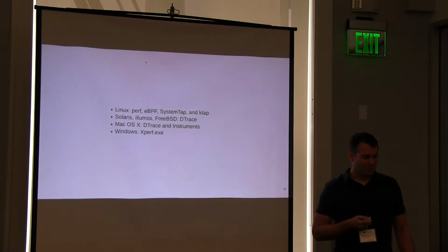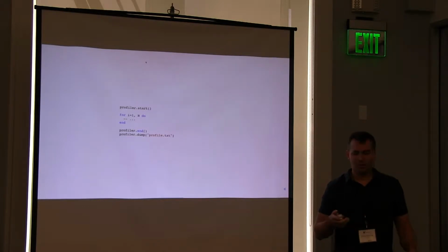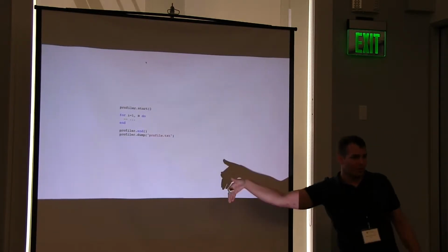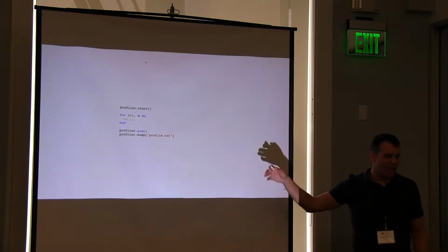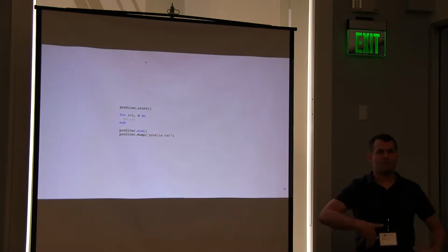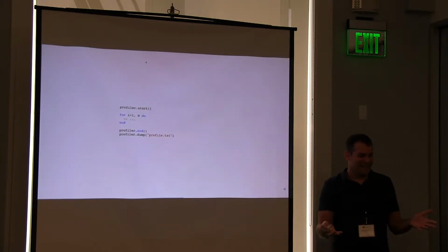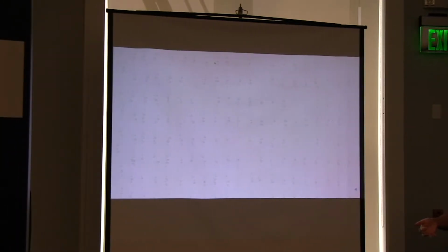And the problem is that all these tools generate, well, they look like this. This is pseudocode, even if it looks like Lua. You start the profiler, you do your execution, and then the profiler ends and it takes a dump, basically. And the dump looks like this. You don't see it very well on this projector, but these are actually very small characters.